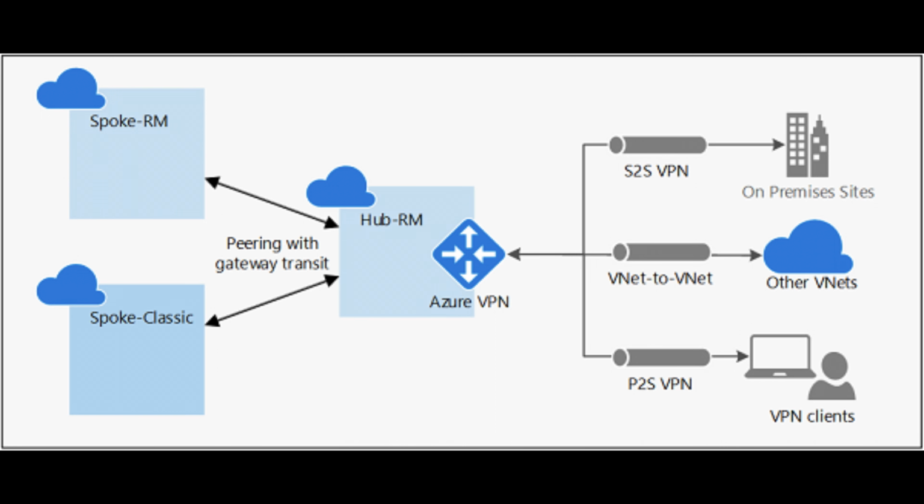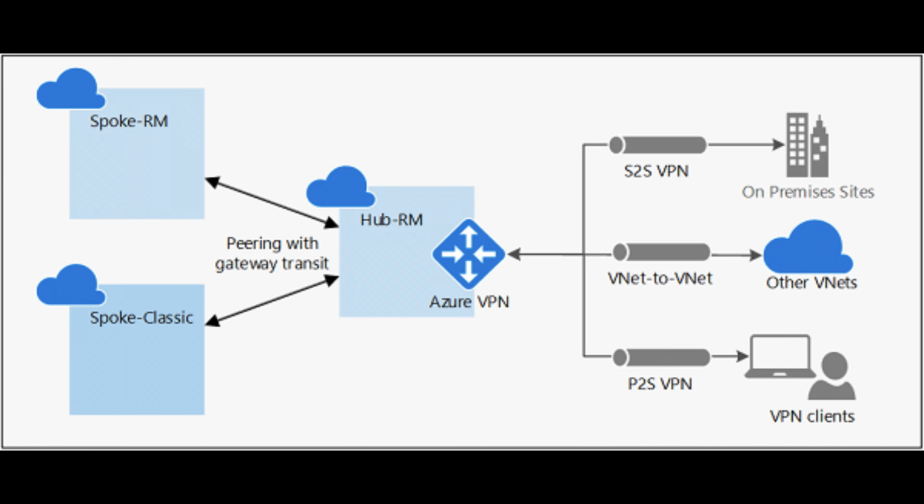In this diagram, you can see that Azure VPN is allowed to connect with a VPN client. So there are three types of connection. First is site to site. It means you can connect from one VNet to another on-premises site. Second is network to network, where you can connect one VNet to another VNet. And third is point to site, where you can connect one VNet to any other device, only client.